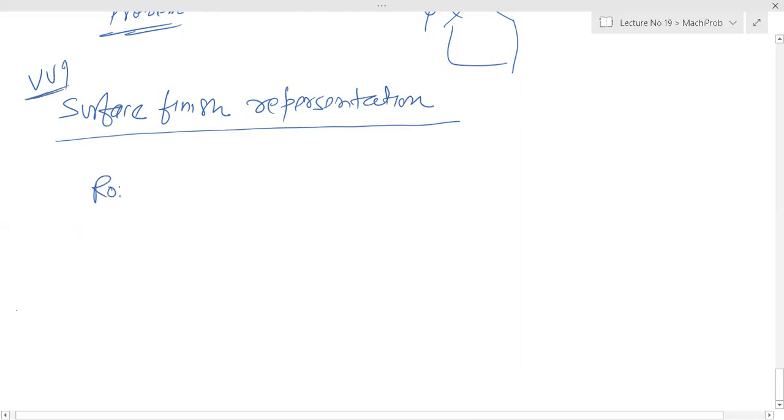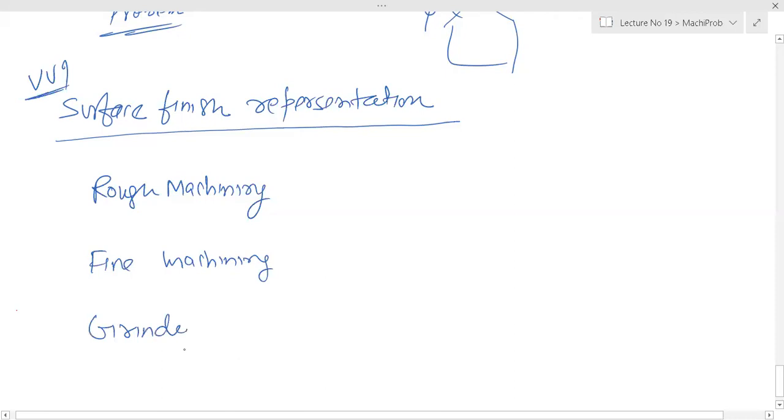So you have rough machining, you have to remember this also, you have fine machining, you have grinding finish, you have lapping.